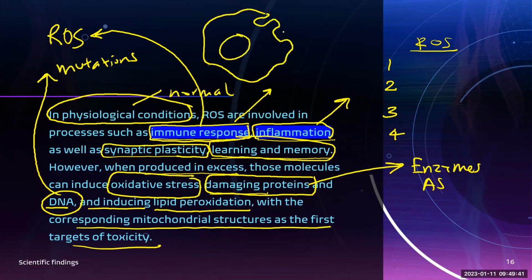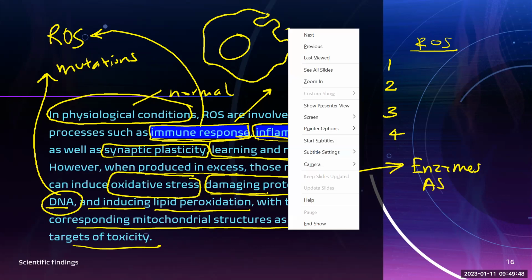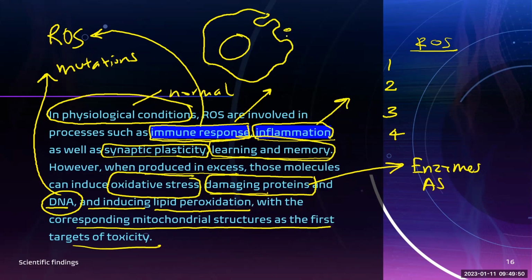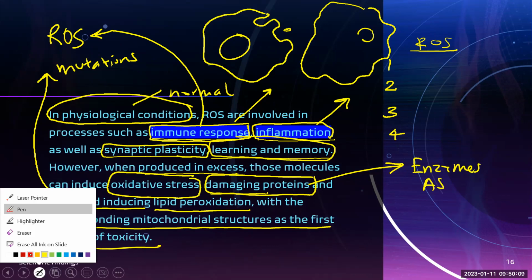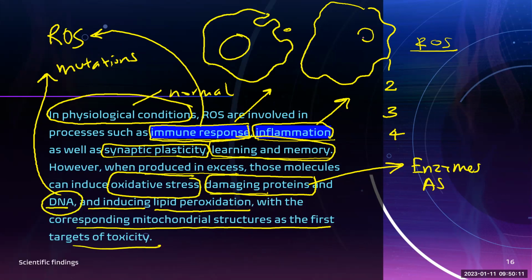So, if this is a phagocytic cell, the phagocytic cell can engulf pathogens, and after engulfing the pathogen, it forms a structure called the phagosome, and the phagosome is fused with the lysosome, right?